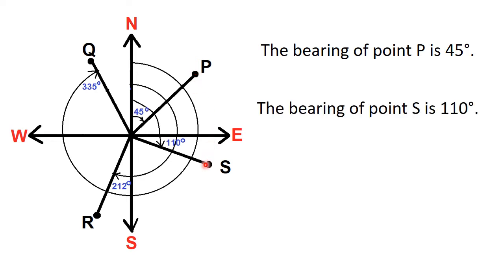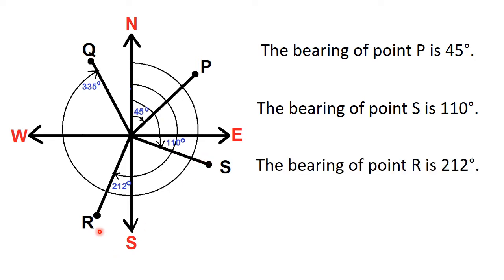The bearing of point S is 180 degrees. So coming from the north to point S, we start from the north to 90 degrees, then to 180 degrees. The bearing of point R is 212 degrees.